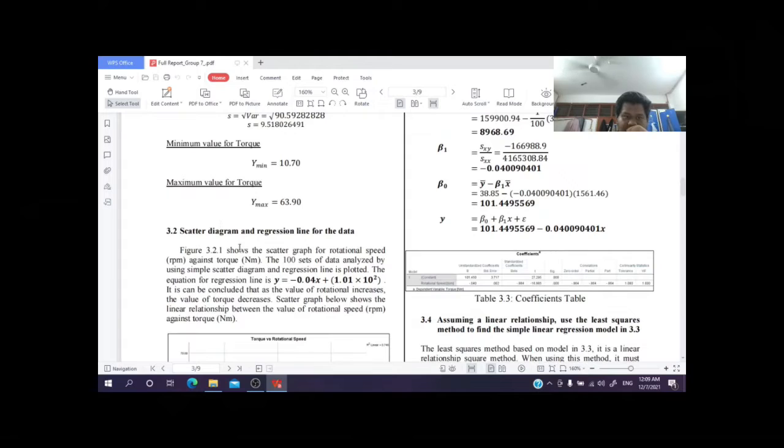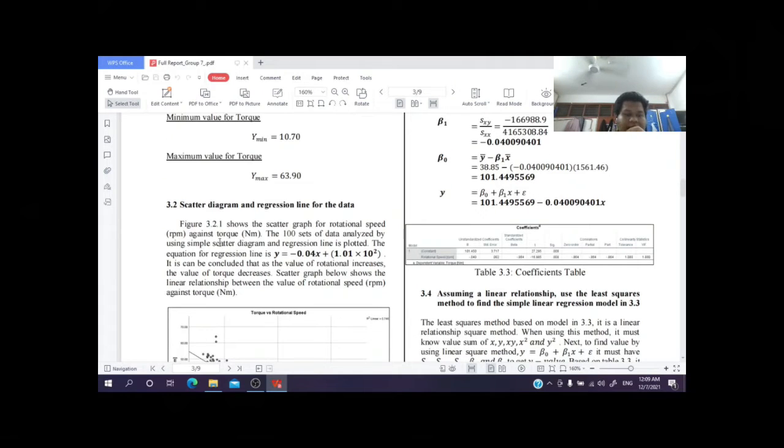The scatter diagram shows rotational speed against torque. The data set has 100 data points, and the equation is y equals negative 0.04x plus, in brackets, 1.01 exponent 2.